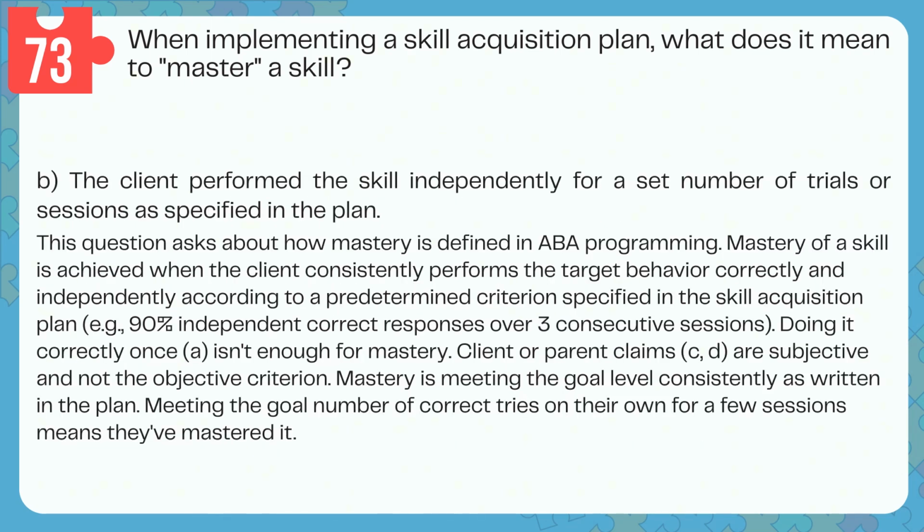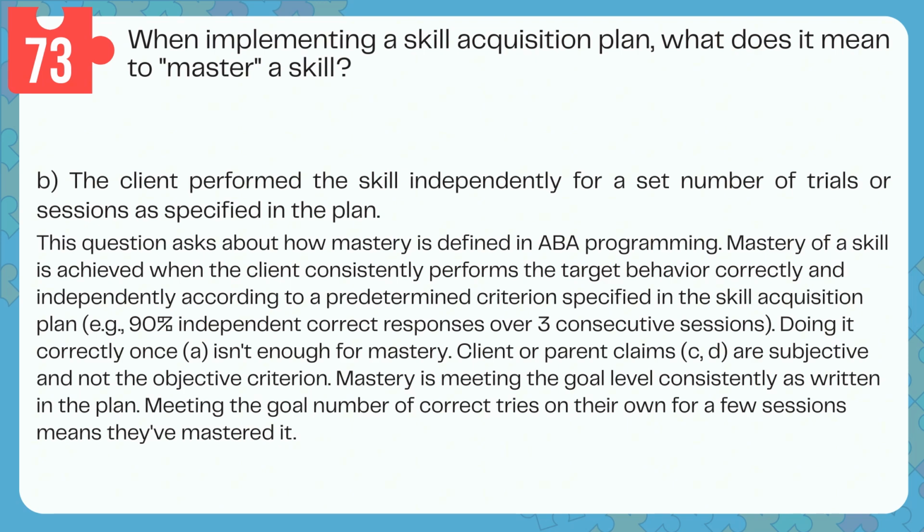Answer: B. The client performed the skill independently for a set number of trials or sessions as specified in the plan. This question asks about how mastery is defined in ABA programming. Mastery of a skill is achieved when the client consistently performs the target behavior correctly and independently according to a predetermined criterion specified in the skill acquisition plan, for example, 90% independent correct responses over 3 consecutive sessions.